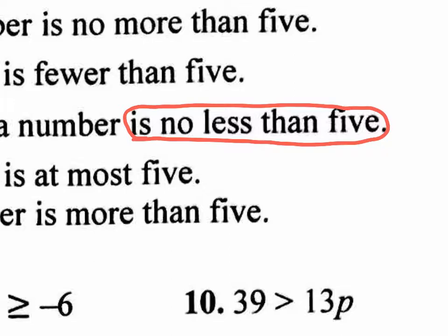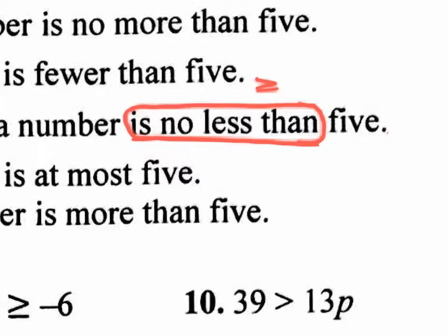They have to be 5 or over, right? So this is a really weird way of saying it, but no less than, maybe I should have just circled no less than. Let me erase this part. No less than actually means greater than or equal to, right?